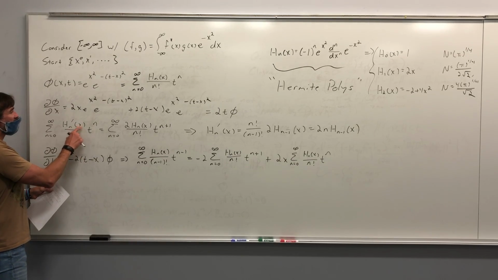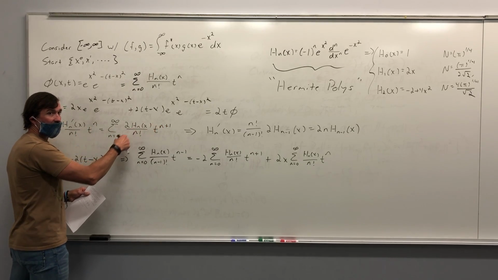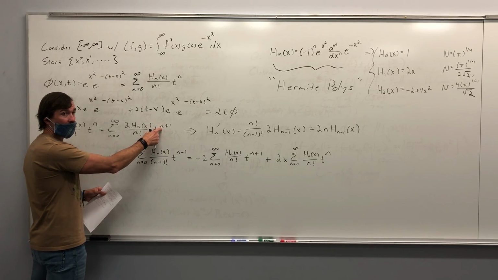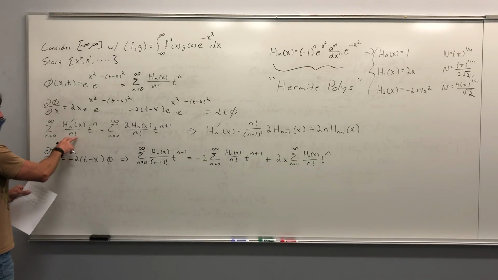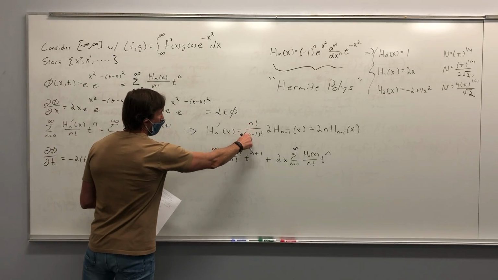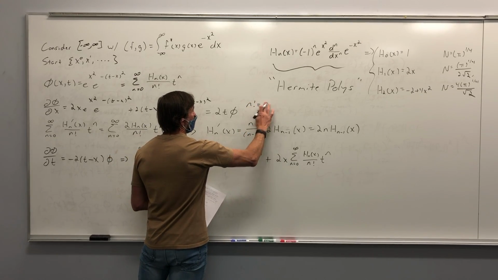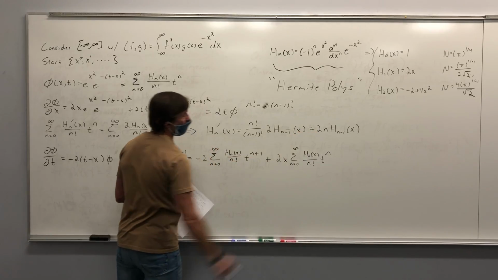If I'm going to use t to the n here, I need to be using t to the n over here, which means I need to be using the n minus 1, so that when I plug in n minus 1 for n, I get t to the n. And then I just took the factorial here, put it up here, and then I just used that n factorial is n times (n minus 1) factorial to cancel it out.